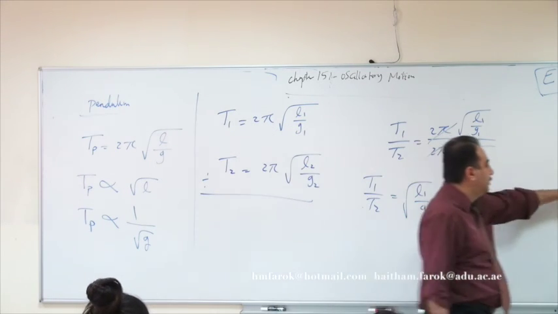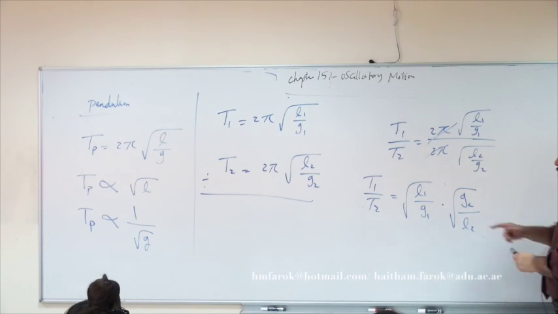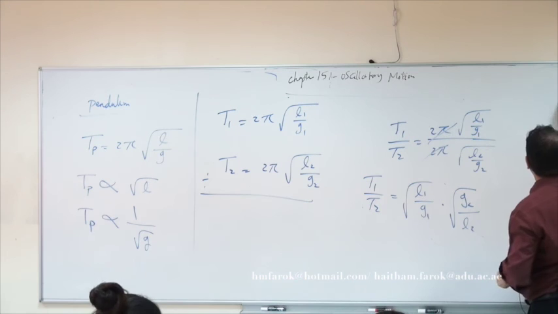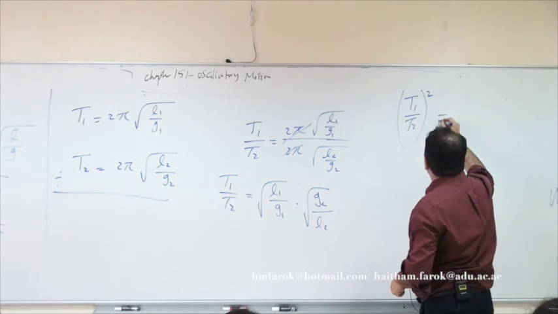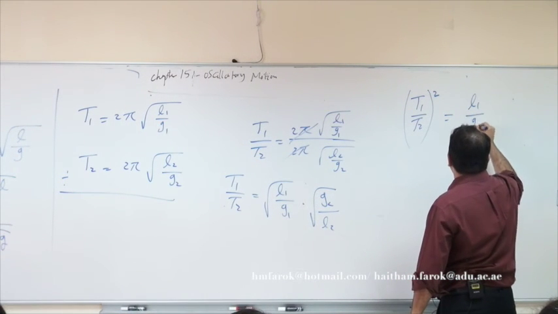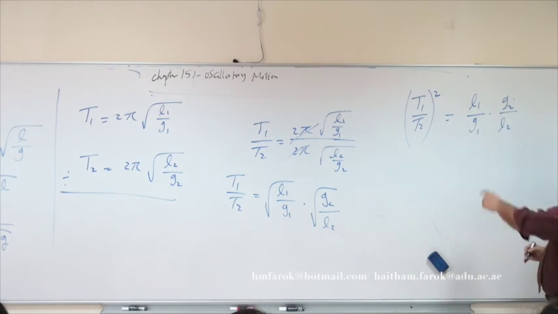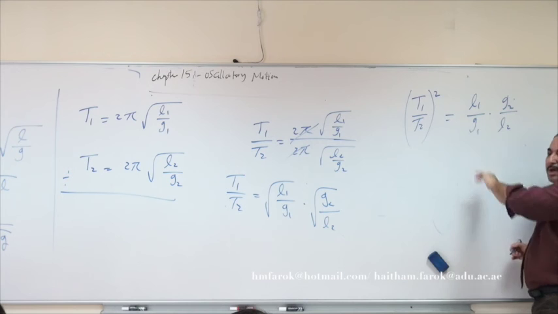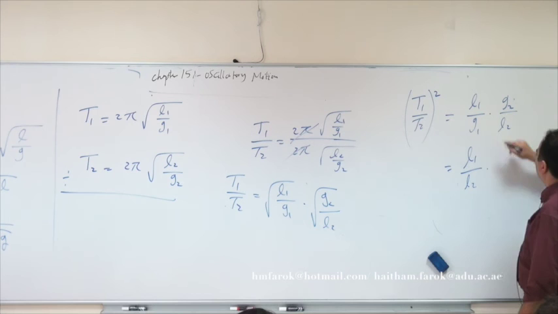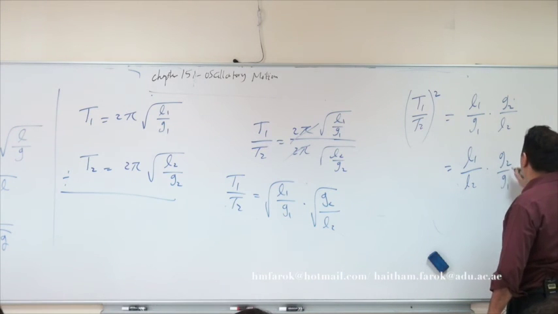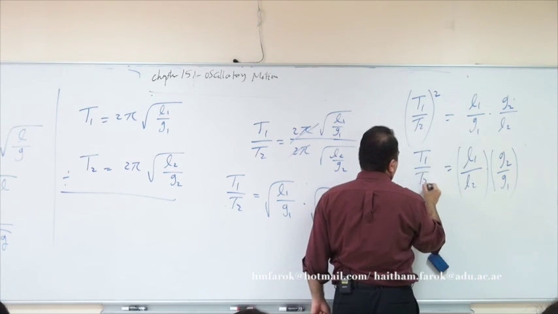When you square both sides, you'll have all this squared. (T1 over T2) squared equals L1 over G1 multiplied by G2 over L2. I don't like L here and L here, so I'll put them together. L1 over L2, G2 over G1. And this is (T1 over T2) squared.